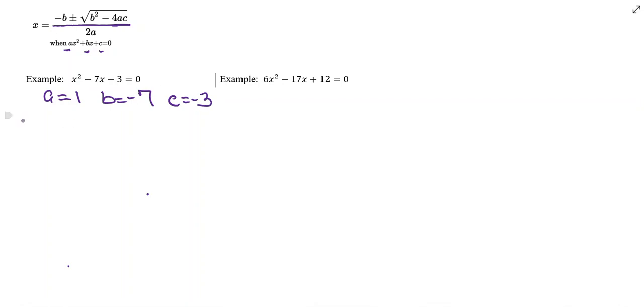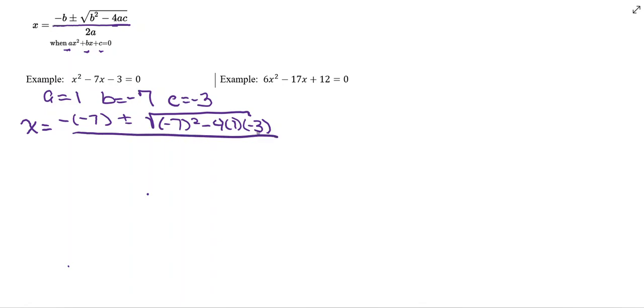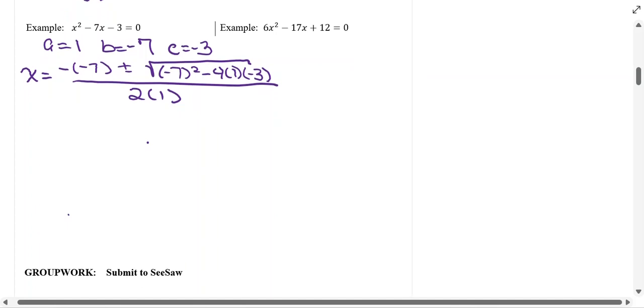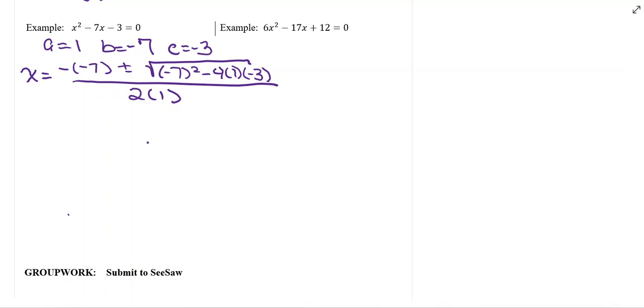Plugging into the formula, we have x equals negative 7 plus or minus the square root of negative 7 squared minus 4 times a times c all over 2 times a. I recommend that you completely fill that in. Fill it in just like the formula says. Then you can do your calculations.